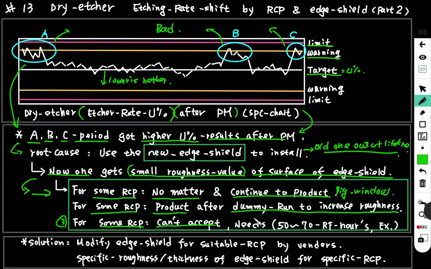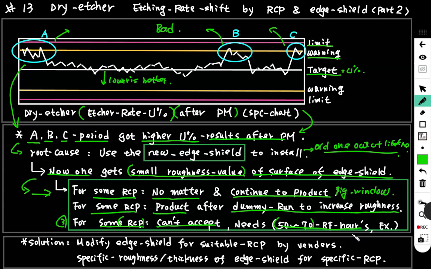So after tuning and picking all kinds of edge shield to verify the condition, for some critical recipe which has a very small process window, it needs, for example, a 50 to 70 hour running time edge shield for this recipe.